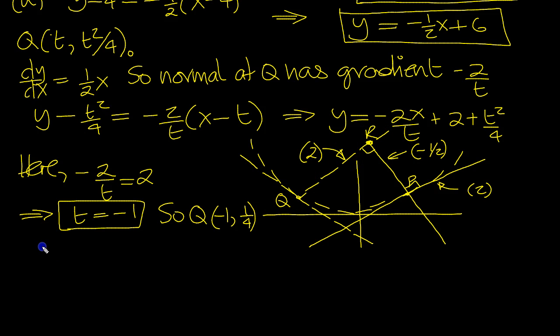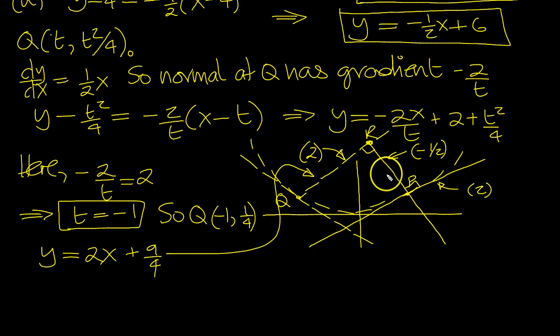So here, y is equal to minus 2x over minus 1, is 2x, plus 2, plus t squared over 4 is 1/4, isn't it? 2 1/4 is 9 over 4. So there's the equation here. This line is the normal, which we got before, which was y equals minus a half x plus 6.